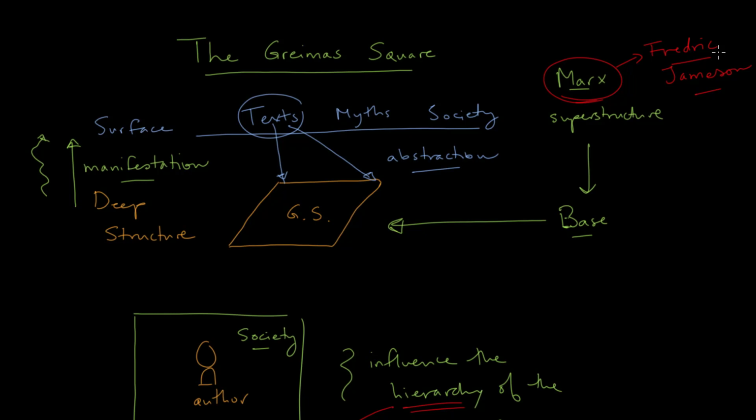There are all kinds of other issues we could talk about in terms of the Marxist angle, but I want you to be aware that you can take this quite a ways down. You don't just have to stay on a linguistic level.